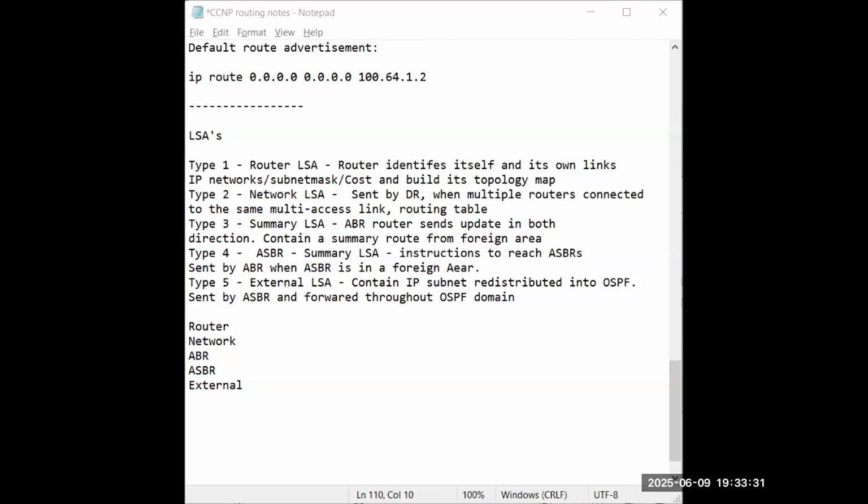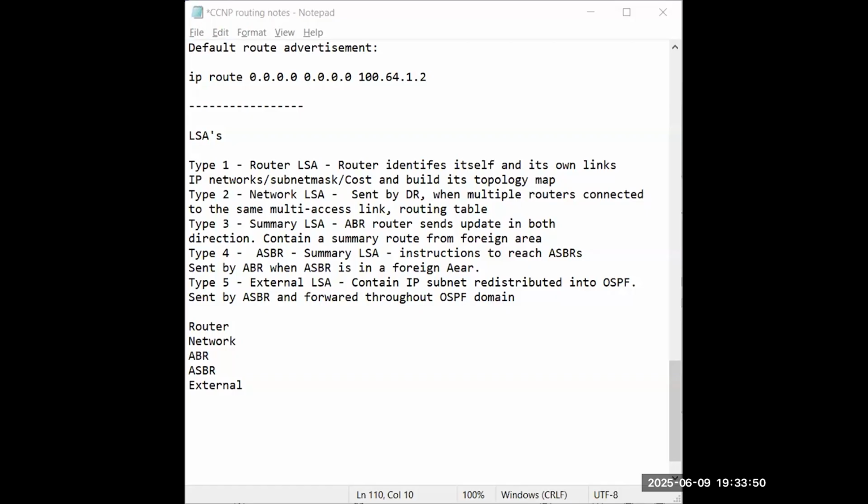Within the area, the different areas' updates are not directly sent together or generated. There's a designated router that sends all this information to the BDRs.